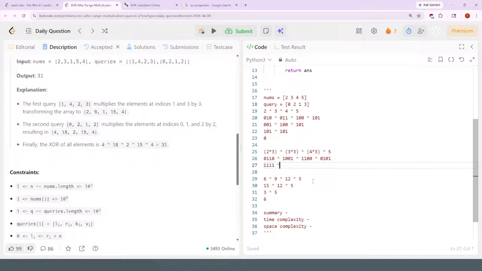So it's 15. And then 0, 0, 1, 1, XOR with 0, 1, 0, 1. And then 0, 1, 1, 0. Okay. 3 XOR 5.